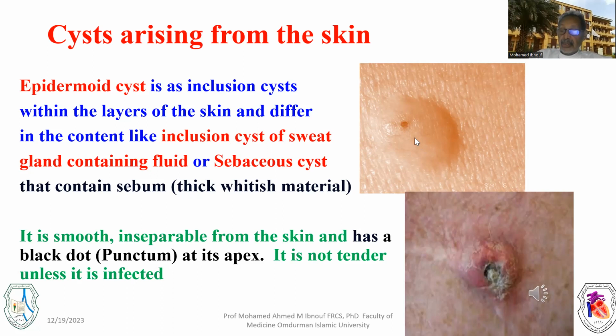It is a cyst, but it is difficult to demonstrate the transillumination test because of the thick material, and difficult to do a fluctuation test because it is small. However, if it gets inflamed, it will become tender and it might rupture, releasing this whitish thick material.